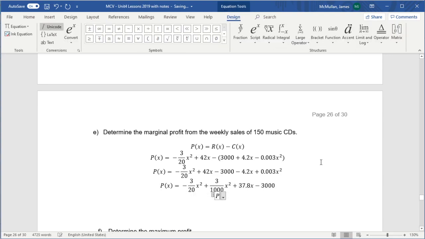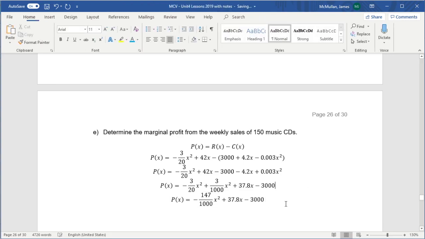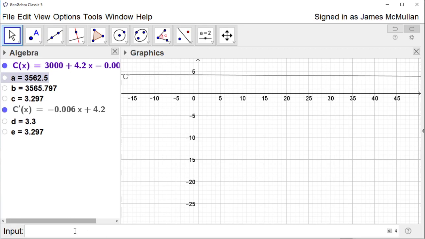So to combine these together, you get P of x is equal to, okay, so we'd have to multiply that by 50, so negative 150, so negative 147 over 1,000 x squared plus 37.8x minus 3,000. Okay, so that's what I get from my profit function. Now, just to make sure I didn't screw this up, let's just write it out.